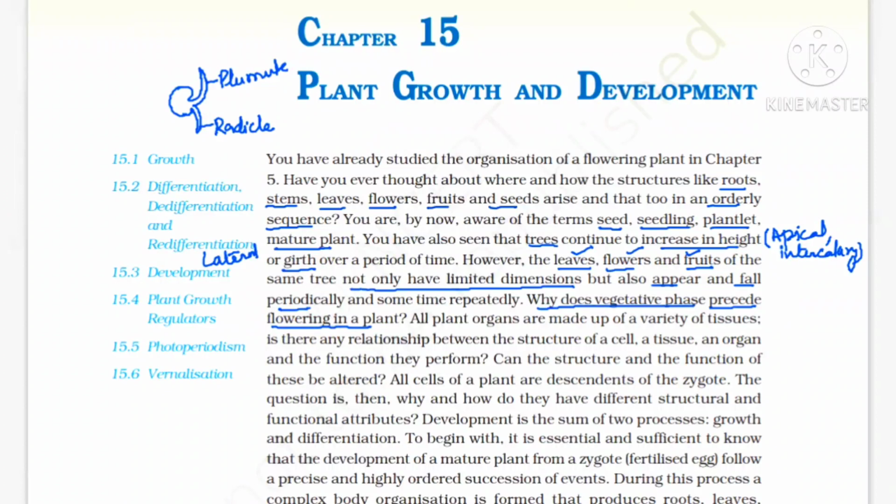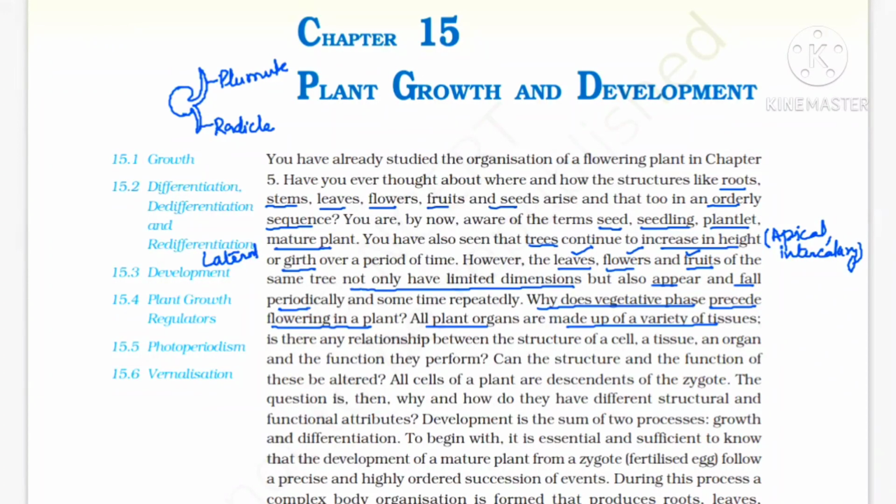And you know very well that all plant organs are made up of different types of tissues, which you have already studied in the anatomy of flowering plants. There are permanent tissues, which are simple and complex. So is there any relationship between the structure of a cell, tissue or organ and what they perform?